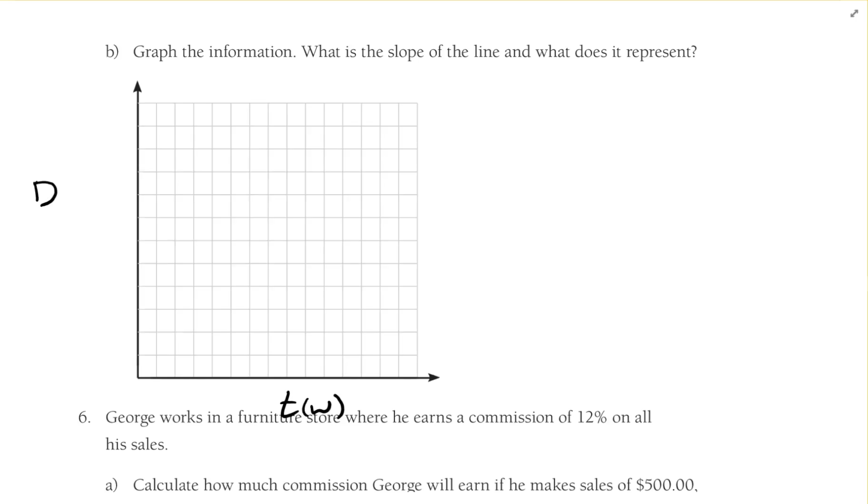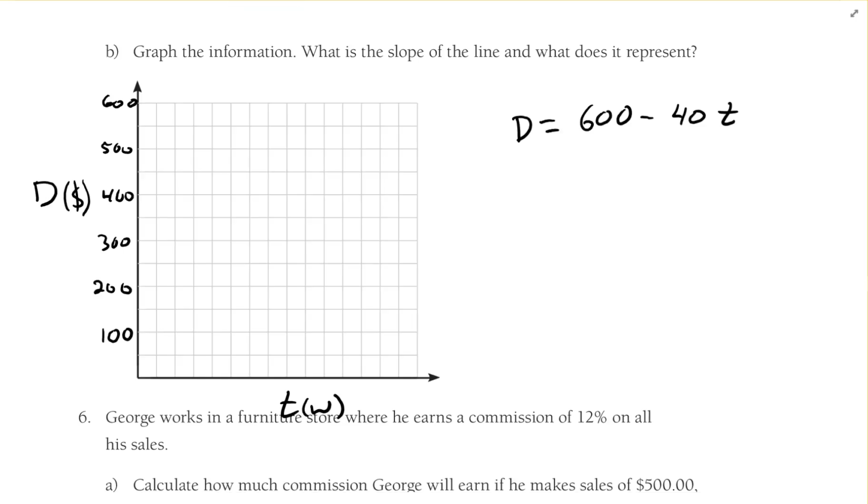Actually, you know what? Let's go up by 50 for each one. That'll make it so we use the whole graph. So if every 2 was 100, this would be $100. The next one would be $200, $300, $400, $500, and $600. And our debt, I guess I should put in dollars. That's what we're talking about here.